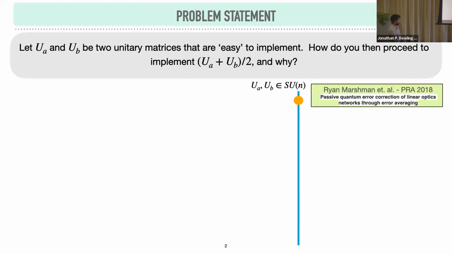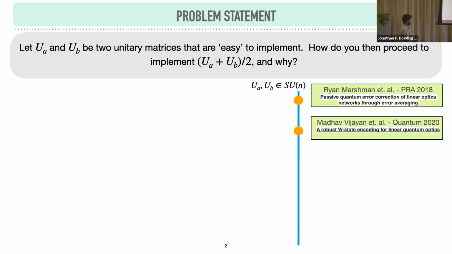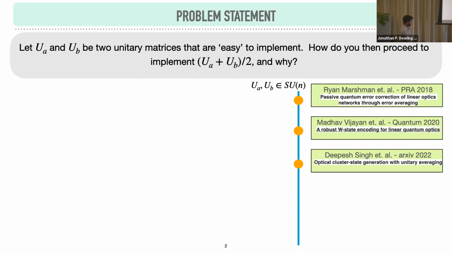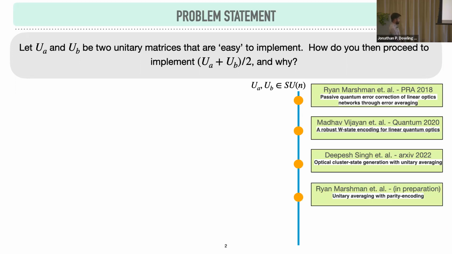In that line, we have a bunch of papers from our group starting from 2018, where this paper sets up this problem and tells you how to do such averaging in the linear optics sense. Then a bunch of papers look at the applications of this kind of unitary averaging in linear optics. And there are current research directions as well, where we try to incorporate the idea of averaging unitaries with different kinds of encodings.